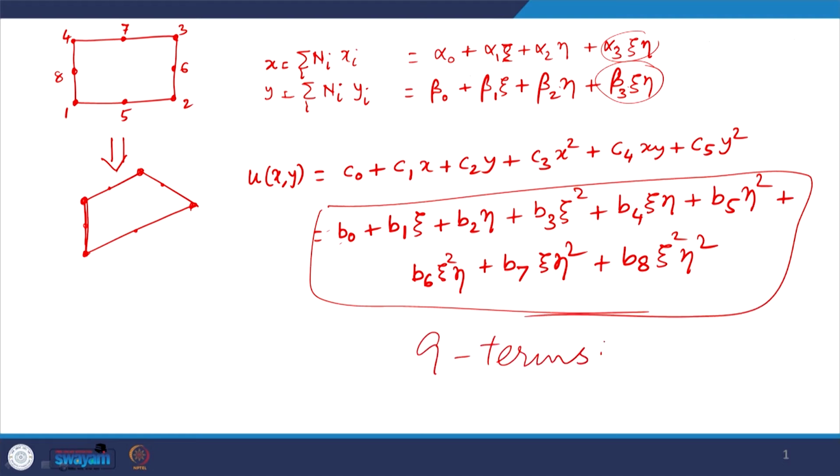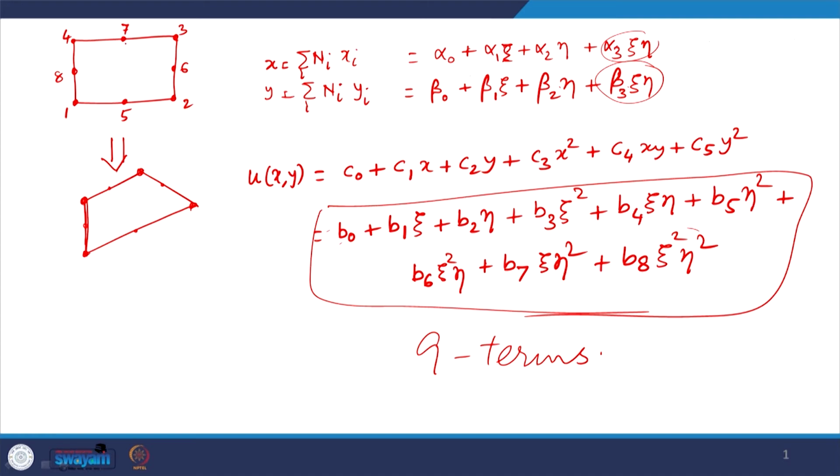Now, these 9 independent terms cannot be defined by 8 nodes, by interpolation between 8 values, and therefore this quadratic variation is not complete, because there is no way to incorporate this 9th term in the 8 node approximation.